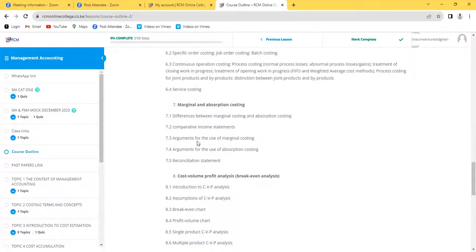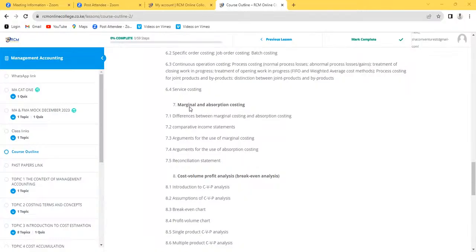Here in the course outline, let's be clear on this. 7.3, you are being told to give arguments for the use of marginal costing, then arguments for the use of absorption costing. But if you go to April 2023, you'll find that the examiner is telling you to give 4 disadvantages or arguments against marginal costing.